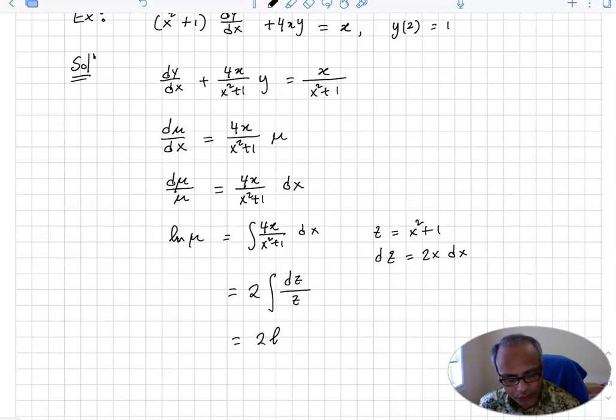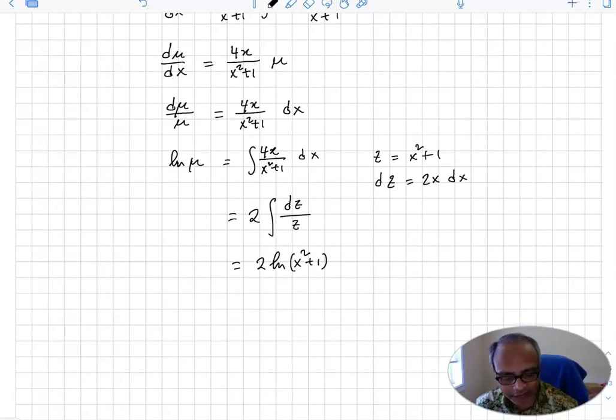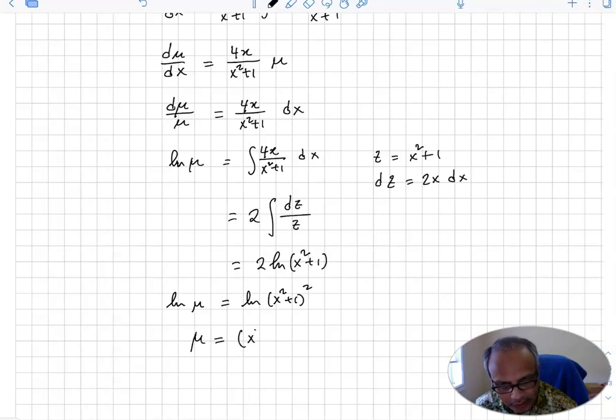So 2 ln of z, and you substitute that, and here ln operates on an absolute value, so x square plus 1 is in absolute value, and we are not worried about the constant for the integrating factor. On the left hand side you have ln of mu, on the right hand side you can write ln of x square plus 1 to the power 2, hence the integrating factor mu is x square plus 1 squared.